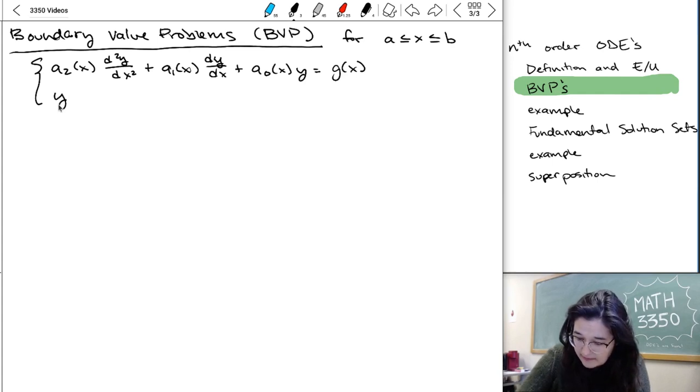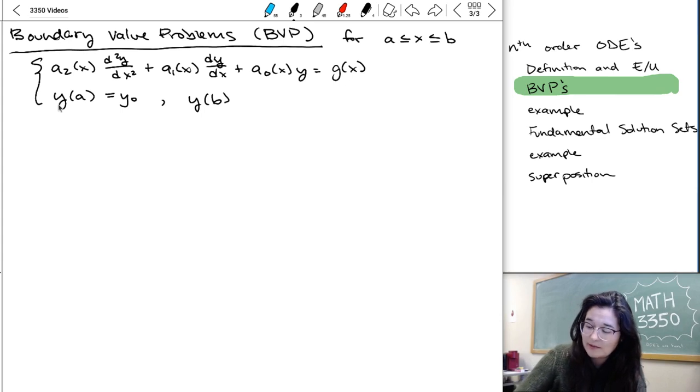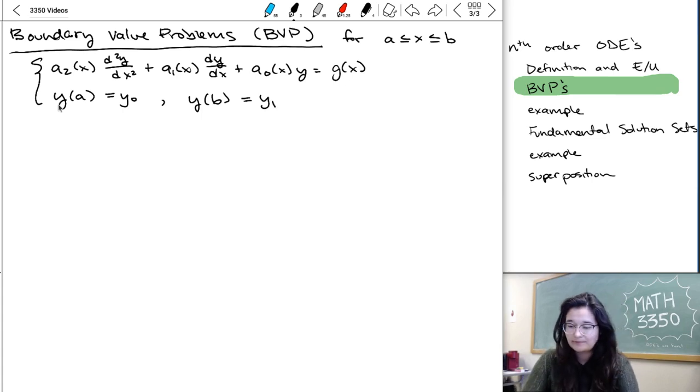So we're going to say at this value a, the first possible x, I'm going to specify that y has to be y0. And instead of doing y prime a equals y1, which is how an initial value problem is set up, I'm going to say that y, when I look at the last possible value of x, b, has to take on some value y1.